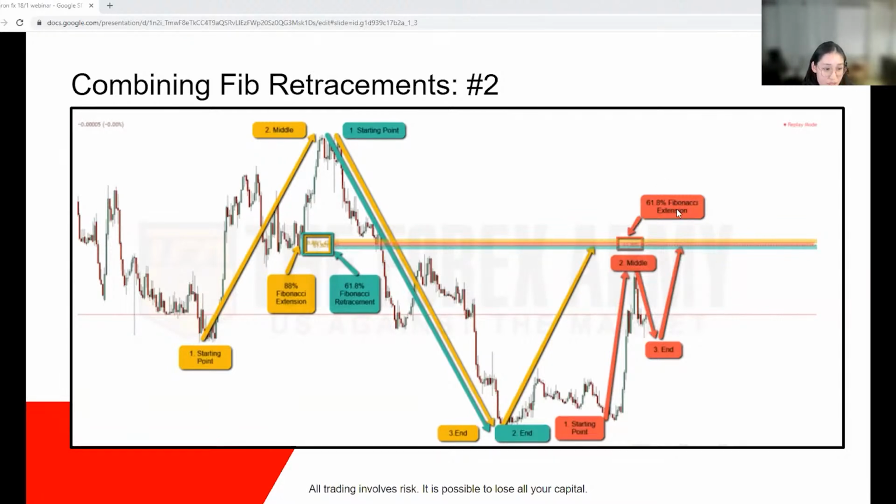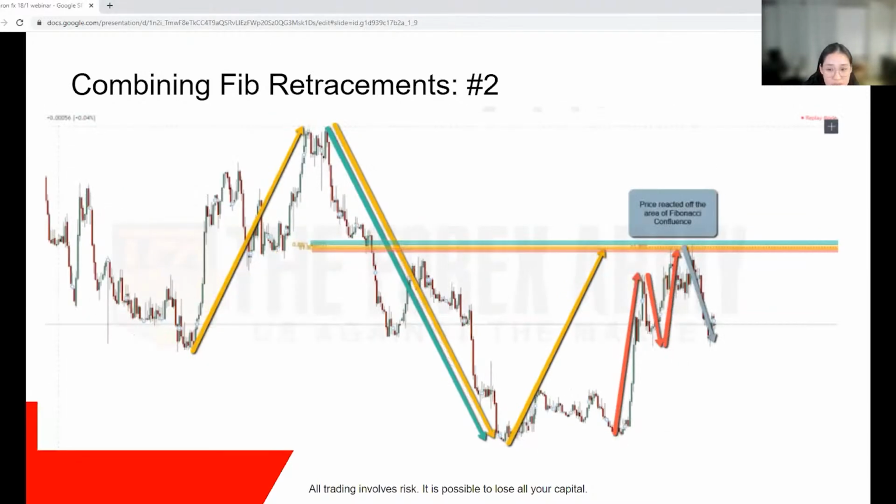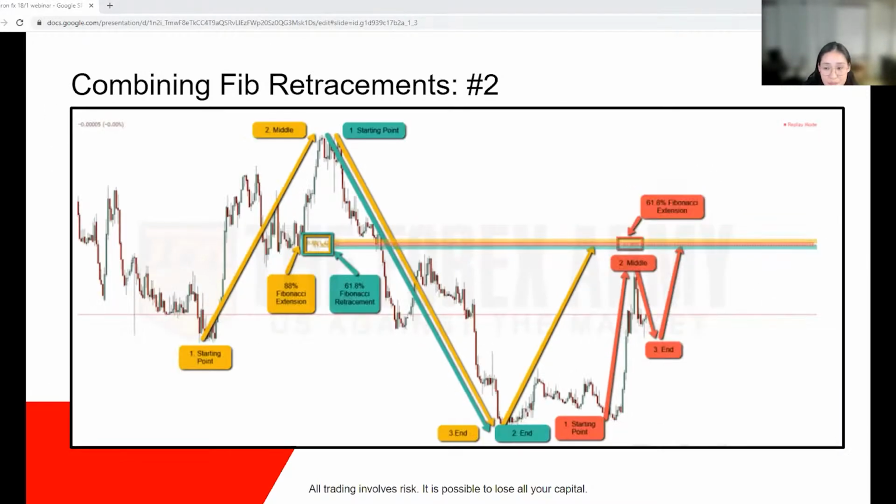For red, it gives us a 61.8% Fibonacci extension. So we can see that all these 3 levels line up and it gives us a strong area of Fibonacci confluence to trade from.